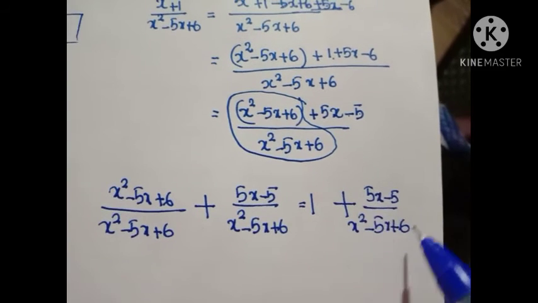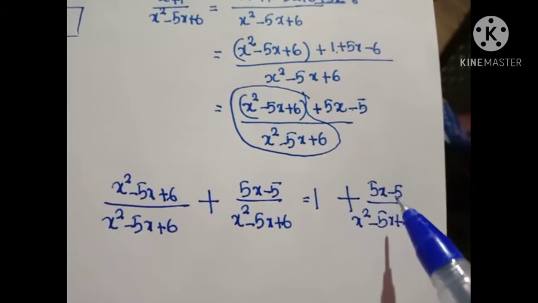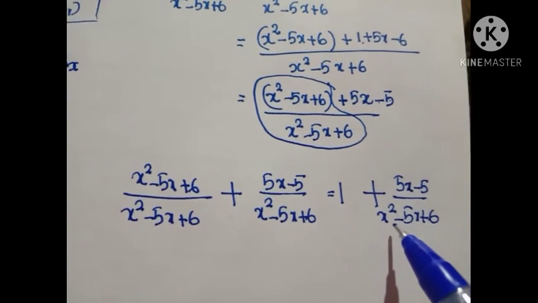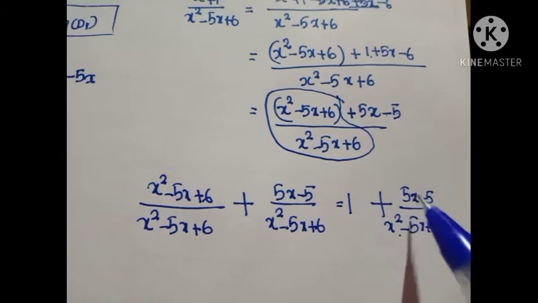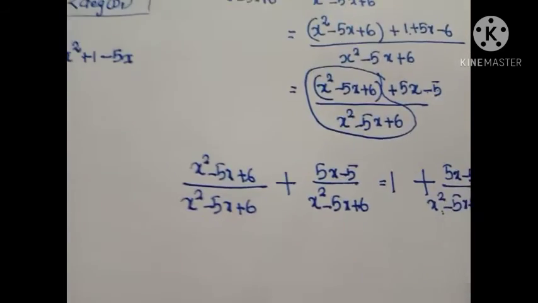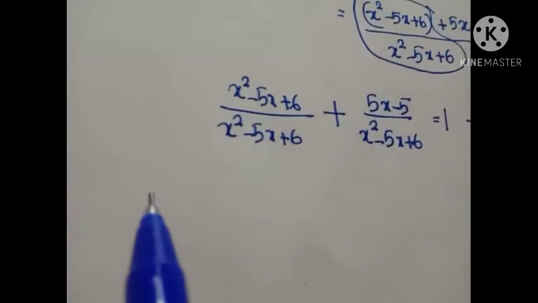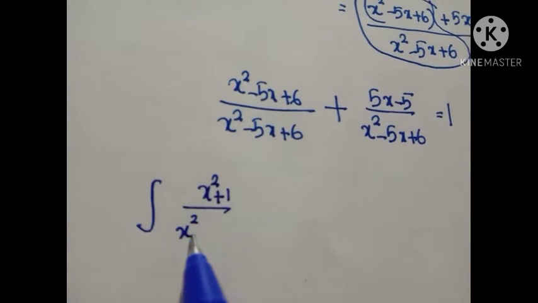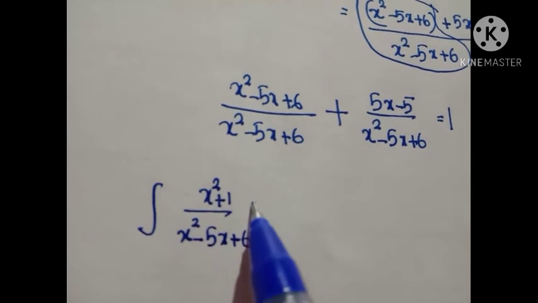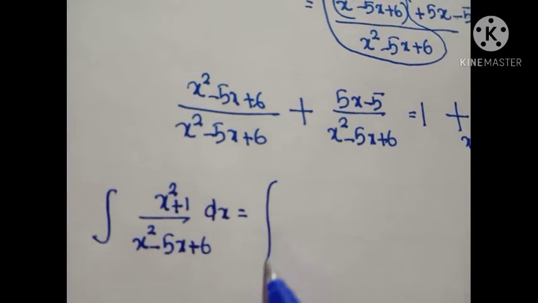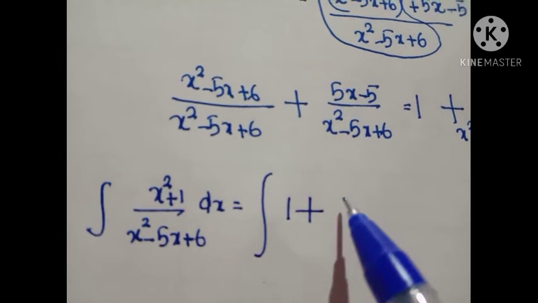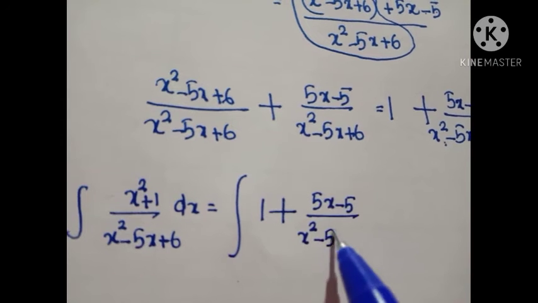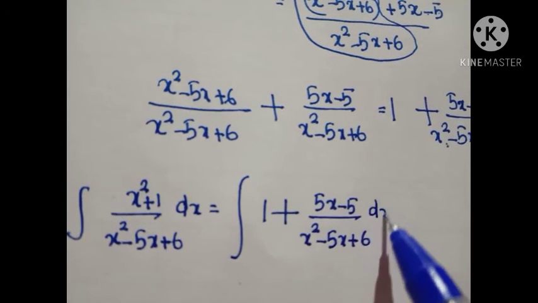Now look here, this became a proper rational function because here the degree is 1, here the degree is 2. So the degree of numerator is less than the degree of denominator. So listen, our given integrand, that is (x² + 1)/(x² − 5x + 6), changes to ∫[1 + (5x − 5)/(x² − 5x + 6)] dx.